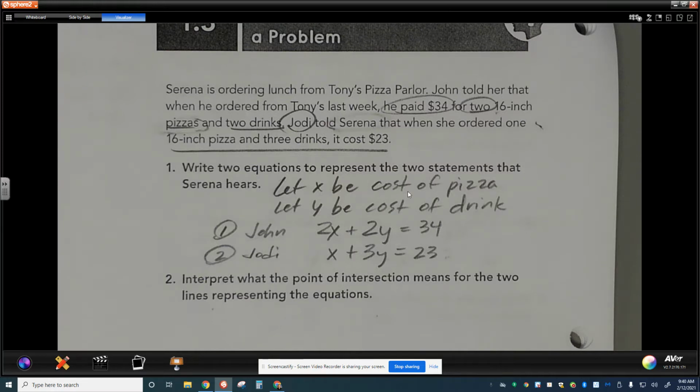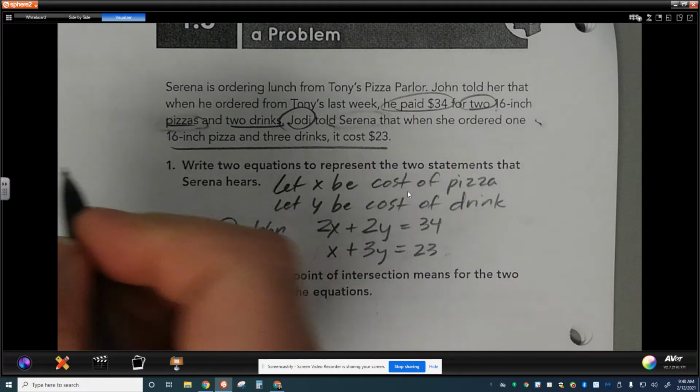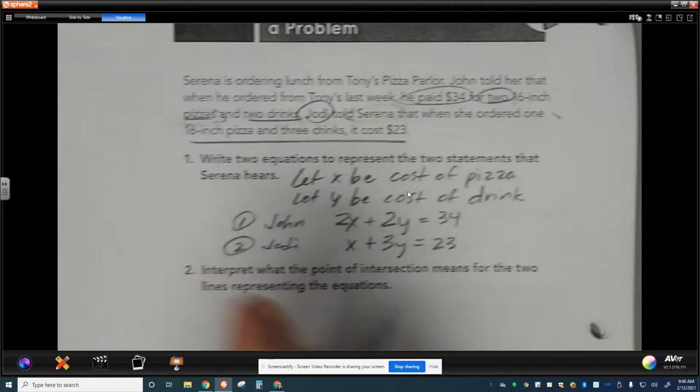Okay? The way I want to do that is through substitution. Do you see any variables that are already completely by themselves? Is it completely by itself or is it sort of by itself? So X is sort of by itself right here, right? Let's get it completely by itself.